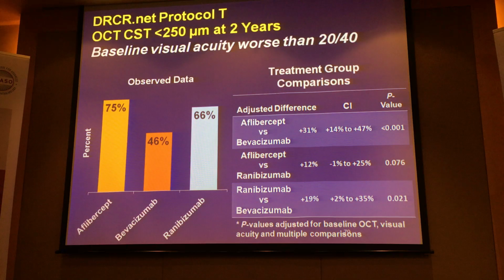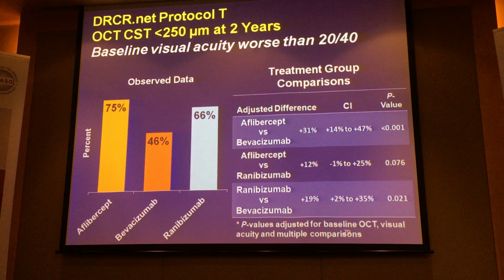Meaning over 50% of patients continue to have persistent macular edema. With aflibercept only 25%, ranibizumab about 33%. So 25 to 50% have persistent edema despite following protocol T.